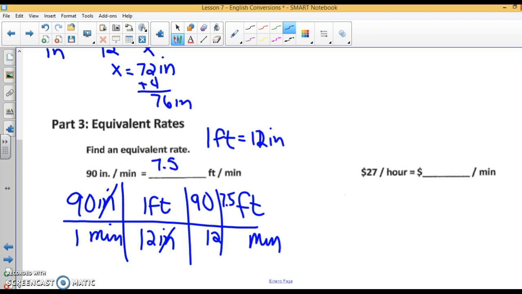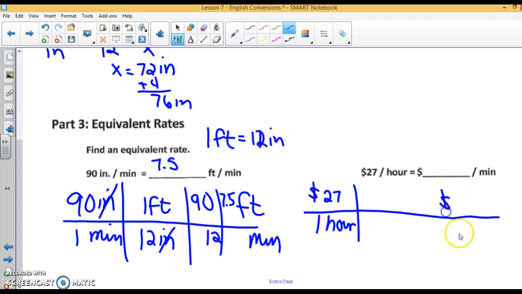Let's try this one. We've got $27 per 1 hour. We want our answer to be dollars per minute. So, dollars are already taken care of. Hours need to change into minutes. Well, we know that 1 hour is 60 minutes. So, we want to get rid of hours.